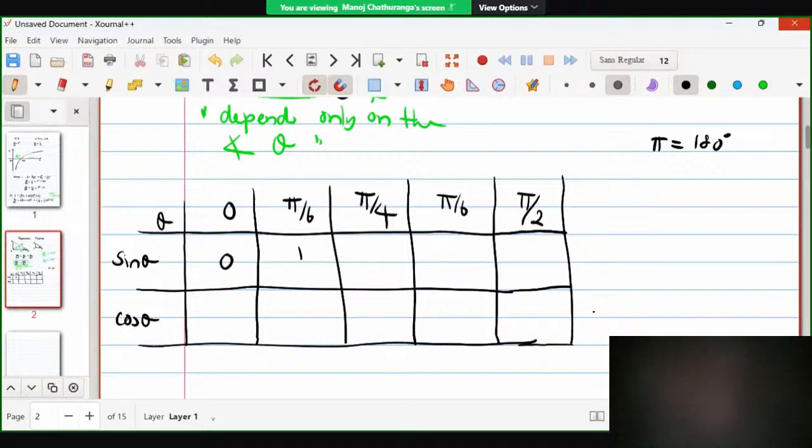For sine: 0, 1 divided by 2, square root 2 divided by 2, square root 3 divided by 2. This is square root 4 divided by 2, this is 1.